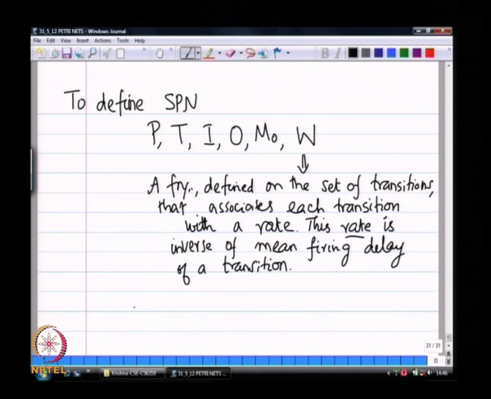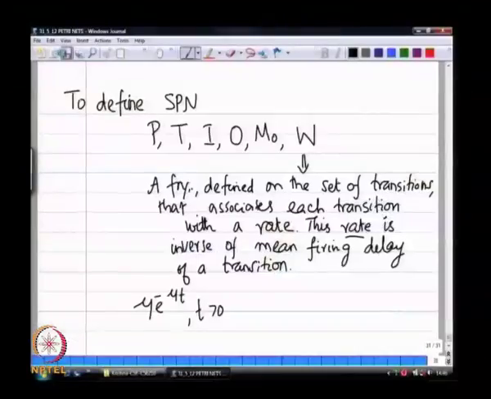So mu e power minus mu t, for t greater than 0, is our probability function, and we know that mu represents the rate and 1 over mu represents the mean time to fire a transition, okay. Questions on this? No? Okay.